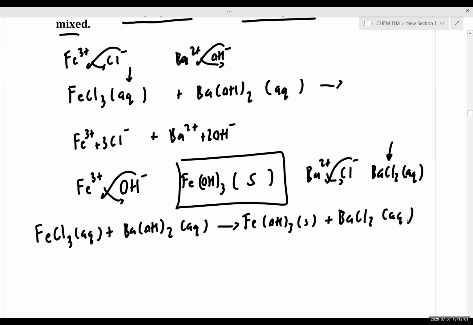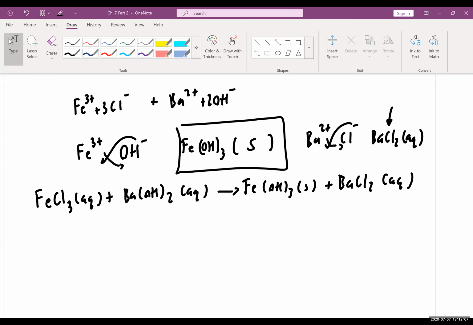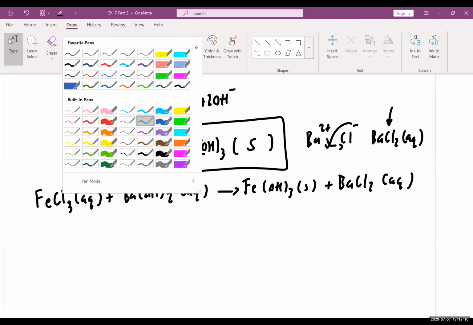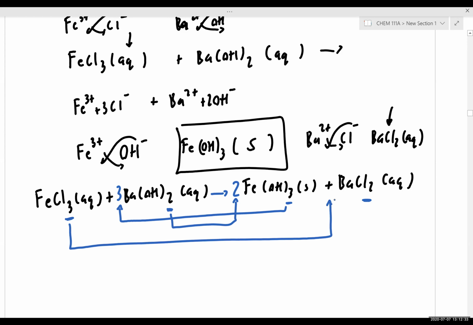Okay, now that we have our chemical equation set up, this is where the least common multiple method will save you a lot of time. So looking, we have 3 hydroxides on the right, 2 hydroxides on the left. We just move our subscript up to our coefficient. So we put a 2 here and a 3 here. We do the same process for chloride. We swap our subscript into our coefficient.